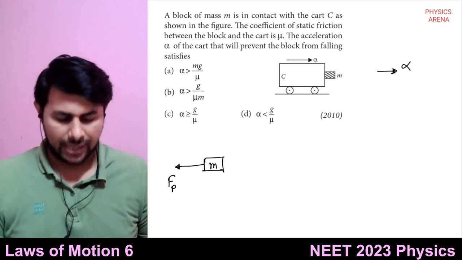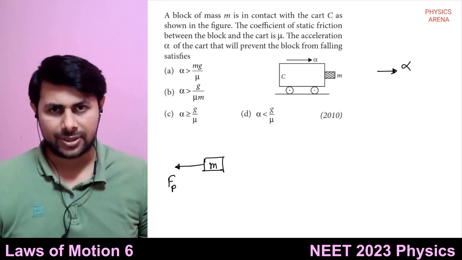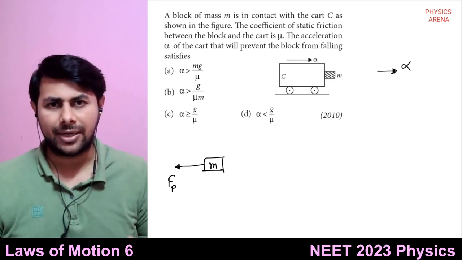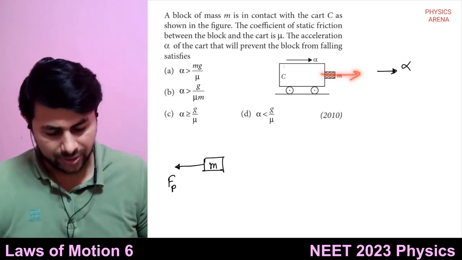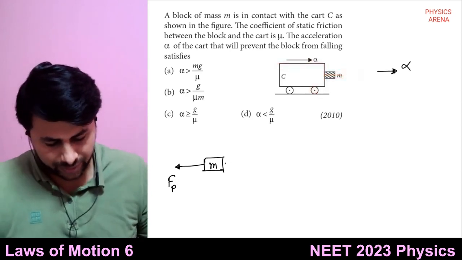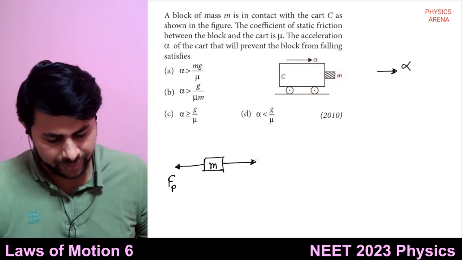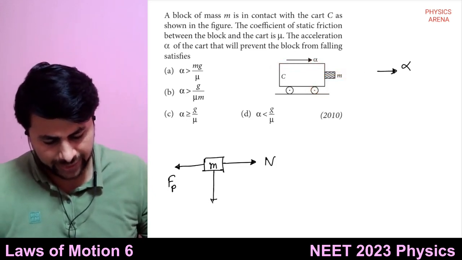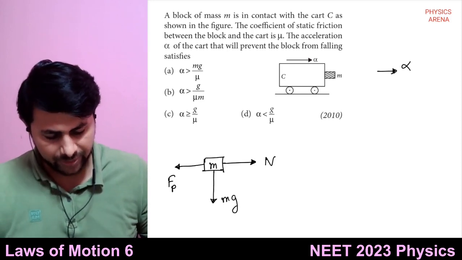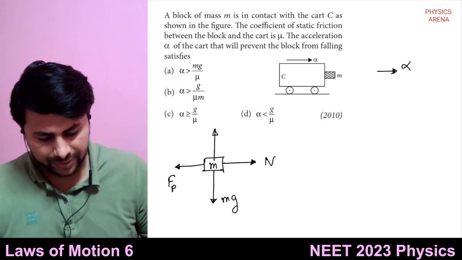Now let's draw all the real forces acting on that person or the block. The real forces: the normal reaction due to this cart, which acts like this, the gravitational force acts downwards, and the frictional force acts upwards.